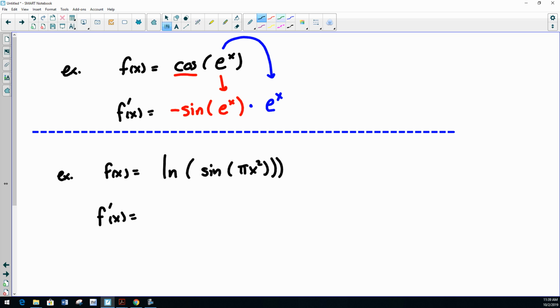I have to take the derivative of ln, and I'll even write down the rule if you forgot it. The derivative of ln of x is 1 over x. So my first step would be 1 over sine pi x squared, times. So I'll put a little check mark. We took the derivative of ln. The next one on the agenda is sine.